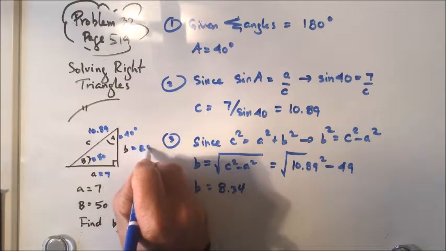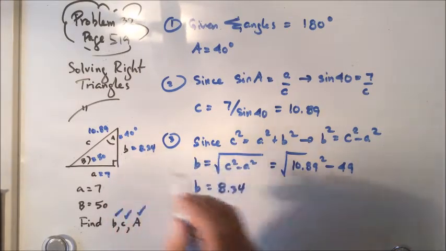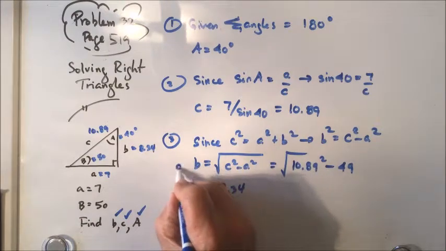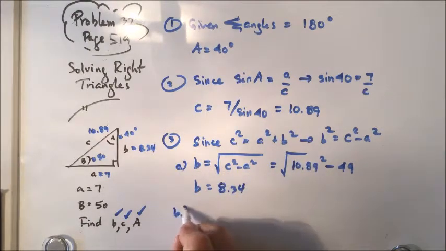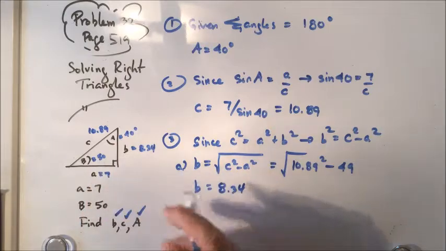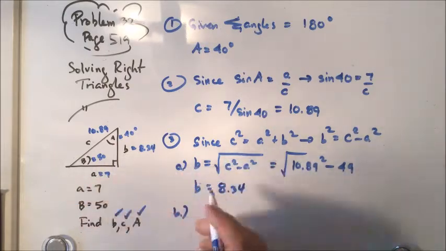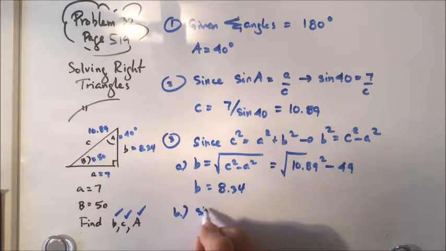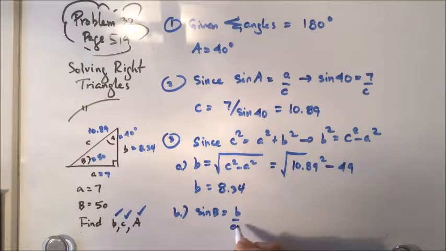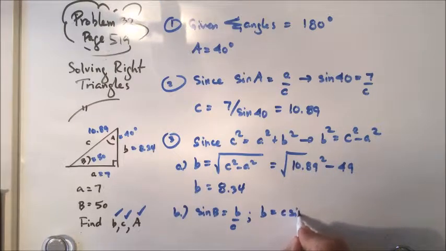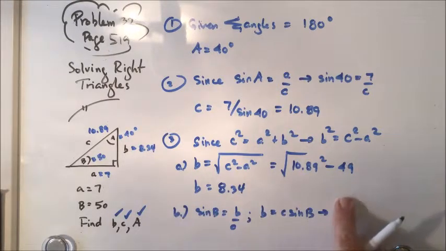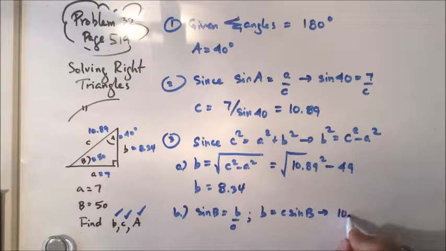b equals 8.34. The other way you could have done it is you could have said, this is part A, here comes part B. You could have said the sine of B is equal to b all over c. That means that b is equal to c sine B. And in our case, no, sorry, c was 10.89.